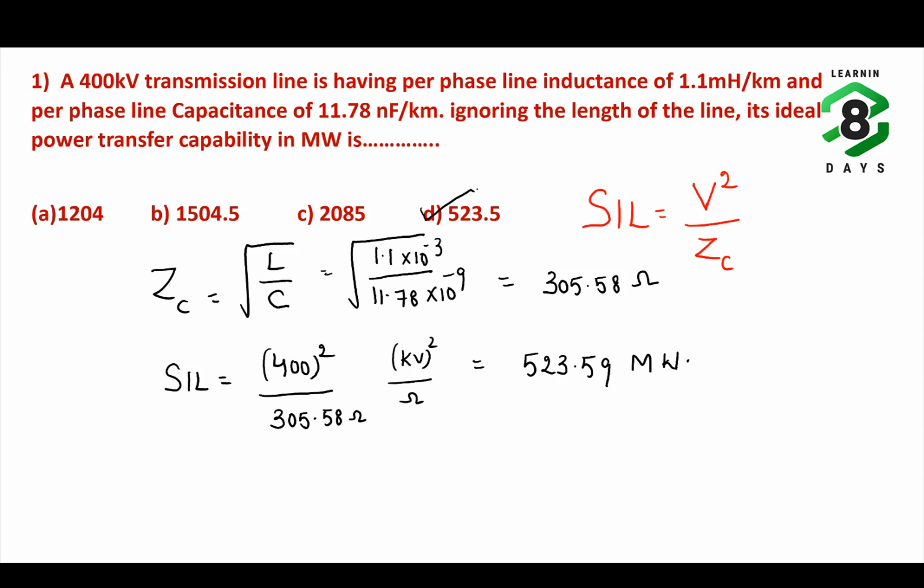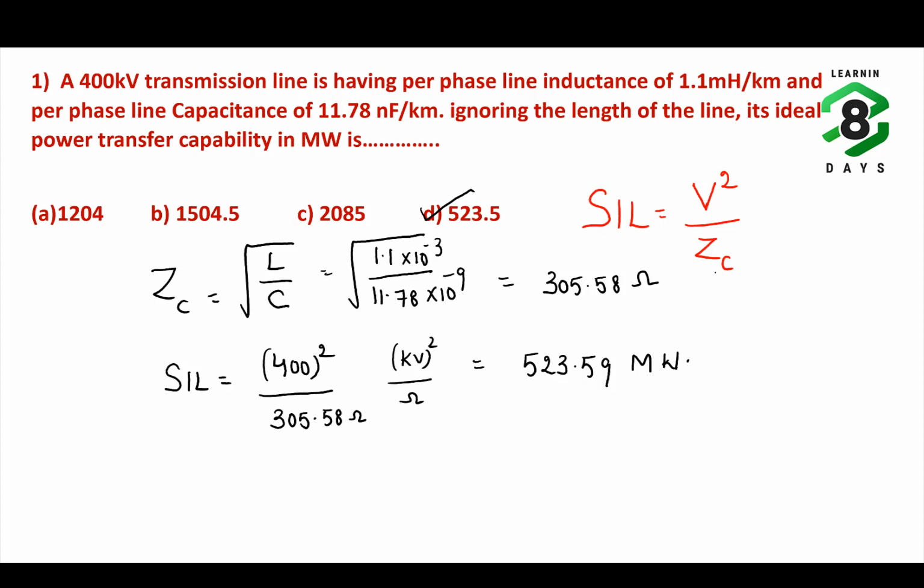Here one thing I want to specify is that whenever you are calculating SIL, the voltage must be substituted as line to line RMS voltage, and ZC is the characteristic impedance in ohm. And one more important point, there is a subtle difference between characteristic impedance and surge impedance.